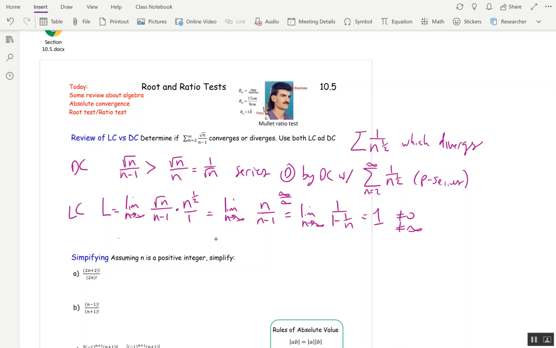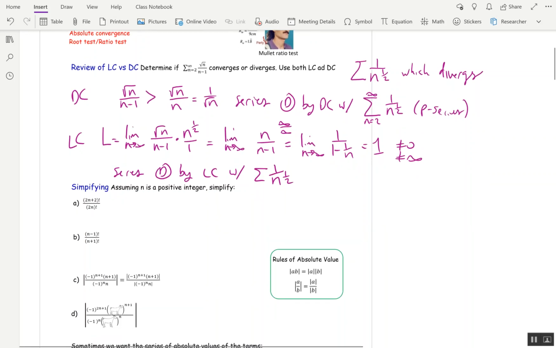So my conclusion is the series diverges by limit comparison with a divergent series. As long as L is not 0 or infinity, your series will do whatever the series you compared it with does. All right, so let's do some basic simplifications that we'll need for this section.